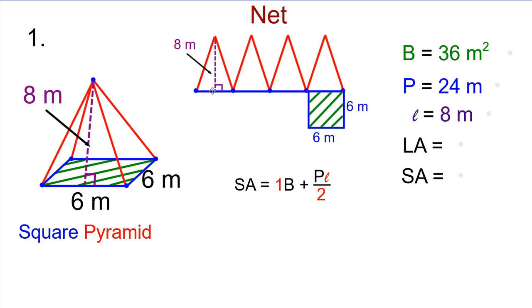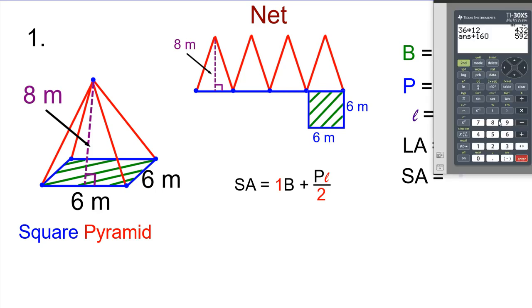Then our lateral area, we just take the perimeter times the slant height. The perimeter is the width of the lateral surfaces all put end to end, times the height of one of those triangles, which is 8, divided by 2, right? So that's 24 times half of 8, which is 4. That's 48, and then another 48, which would be 96. That was a 96 I was thinking of earlier. Let me confirm that, because apparently I'm doing something weird.